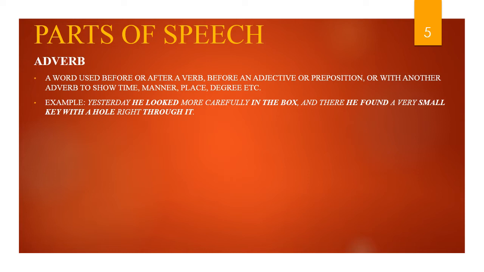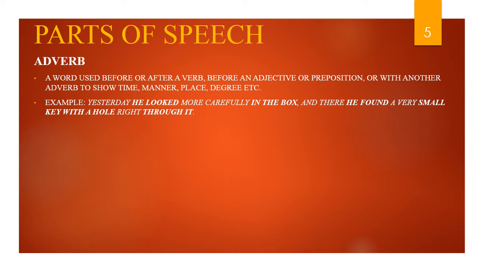For example, yesterday he looked more carefully in the box, and there he found a very small key with a hole right through it. So when? Yesterday. So yesterday is the adverb of time. More carefully, adverb of manner. And there, what is there?